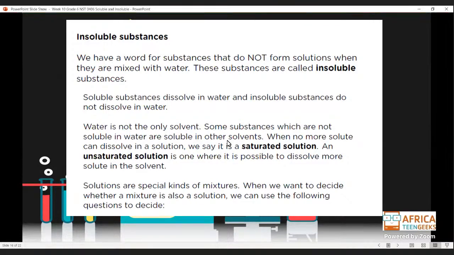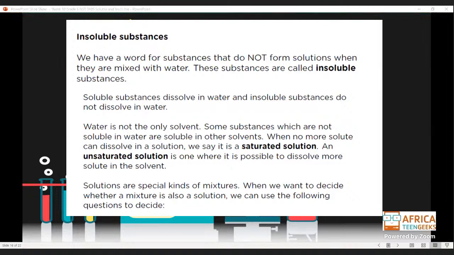Now we have a word for substances that are not mixed with water. These are called insoluble substances. Soluble substances dissolve in water, but insoluble substances don't dissolve at all. Water is not the only solvent that we can use to dissolve substances.